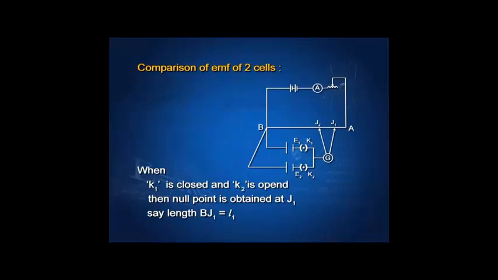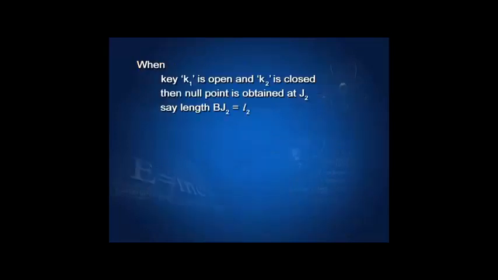When key K1 is closed and key K2 is open, the null point is obtained at J1, say length BJ1 equals L1. When key K1 is open and K2 is closed, the null point is obtained at J2, say length BJ2 equals L2. So, E1 equals KL1 and E2 equals KL2. Therefore, E1 upon E2 equals L1 upon L2.